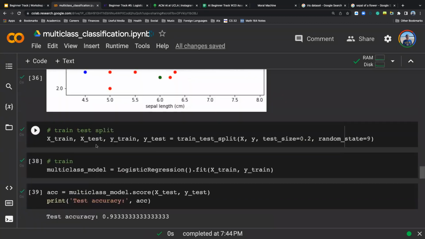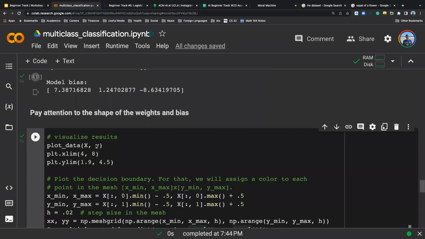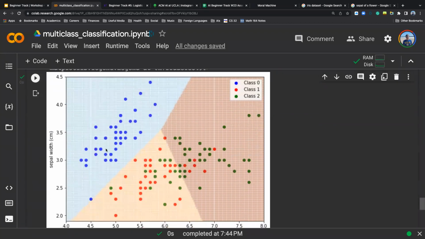So in our multi-class case, since we have 3 classes, we're dividing the entire area containing all our points into 3 clusters, you can think of. This is the blue cluster, which is for one type of flower.